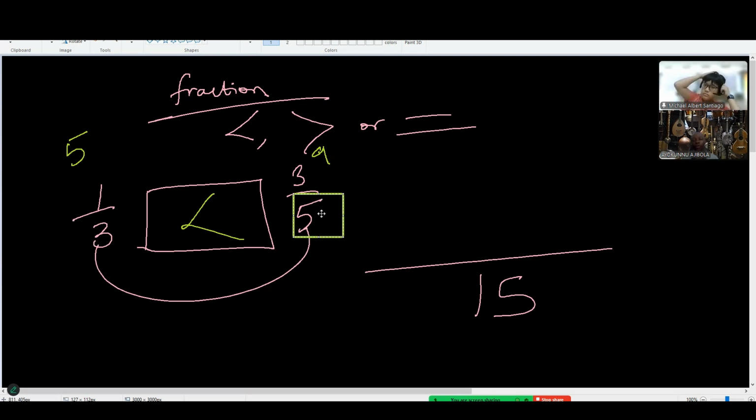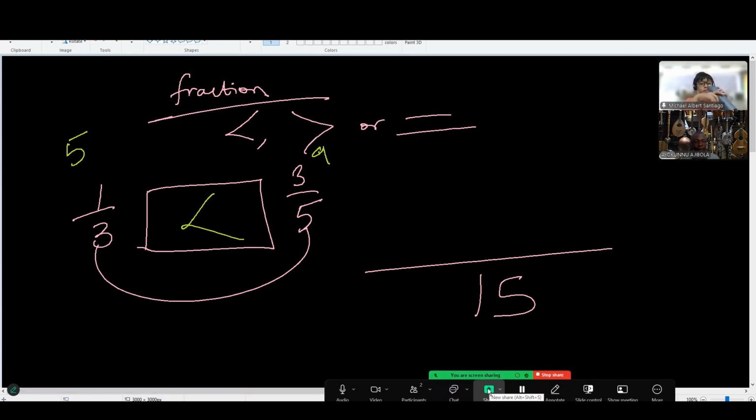So 3 and 5, the LCM is 15, the lowest number that they can both divide. How many times does 3 divide into 15? That's 5 times. So 5 times 1 gives me 5. How many times does 5 divide into 15? That's 3 times. So 3 times 3 gives me 9. So 1 over 3 is less than 3 over 5 because 5 is less than 9. Is that clear?